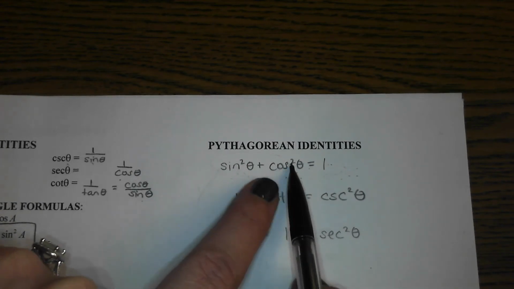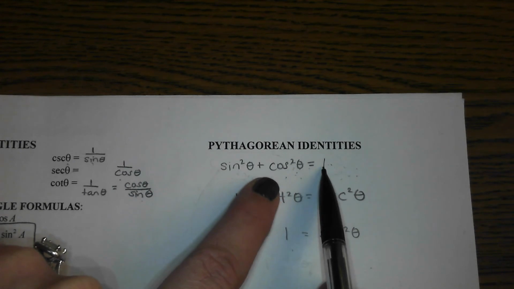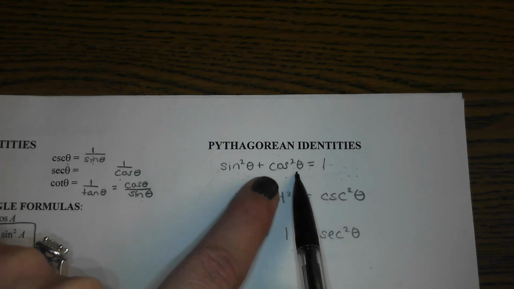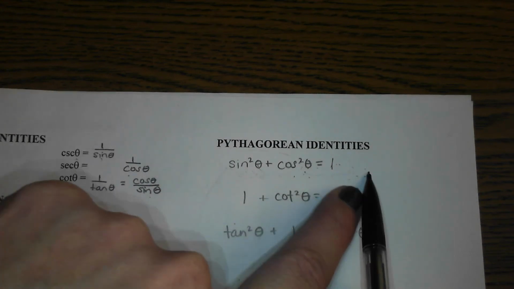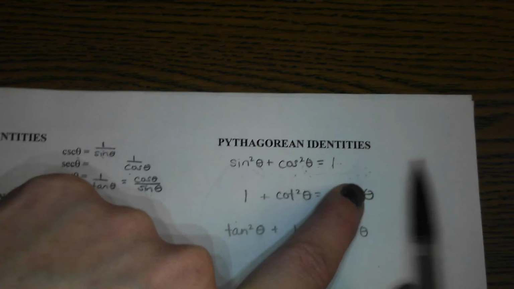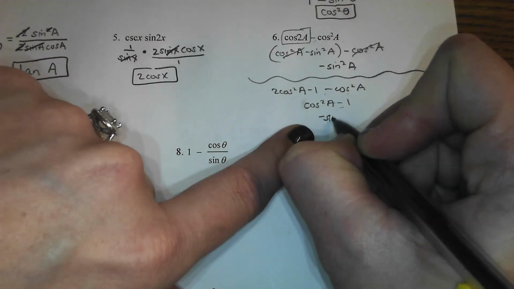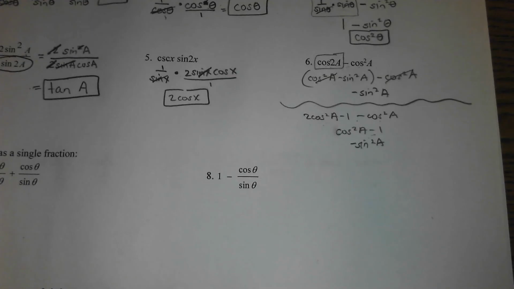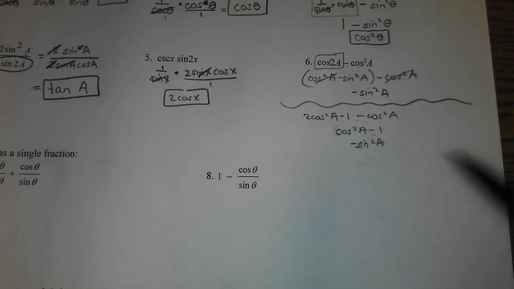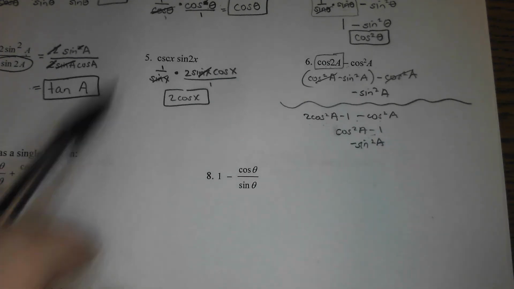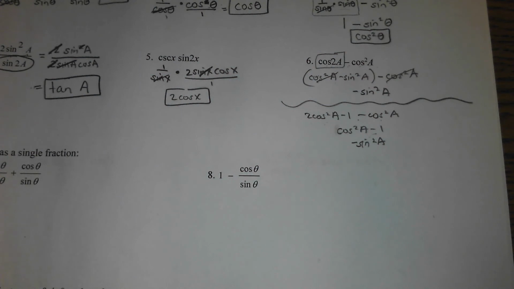If I wanted cosine squared of theta minus 1, I'd have to subtract this 1 over to get it all on the left, and I'd have to subtract the sine squared over to the right, so it would be negative sine squared also. You see that? So it still all works out. It's not really critical, although some are easier than others, because you don't have to see that Pythagorean identity if you pick this one. Okie doke? Any questions? Okay.